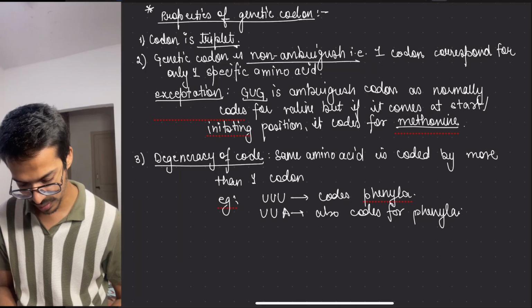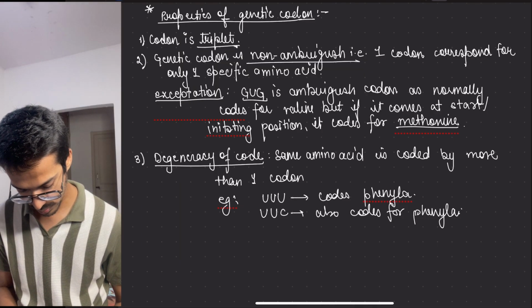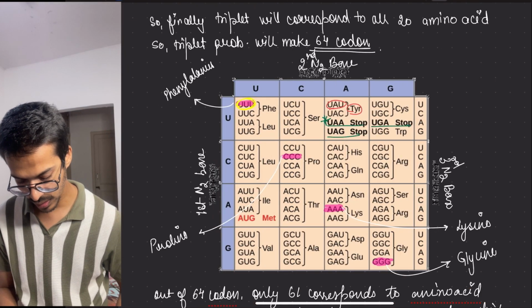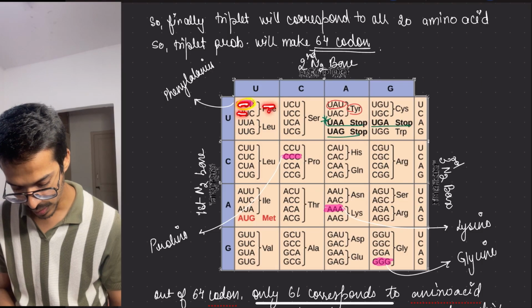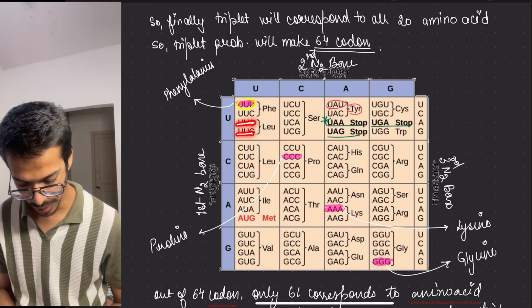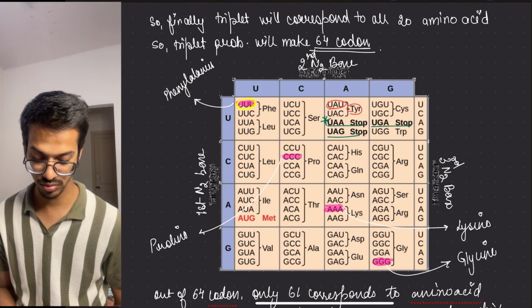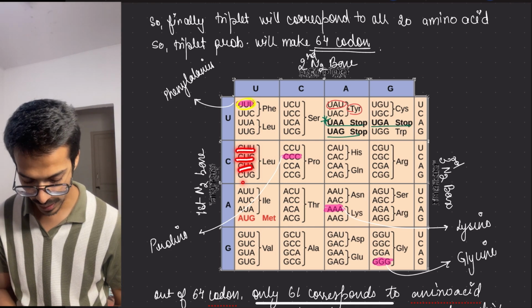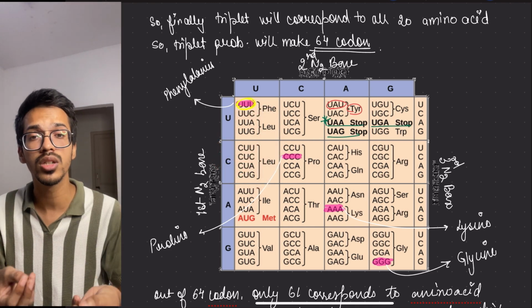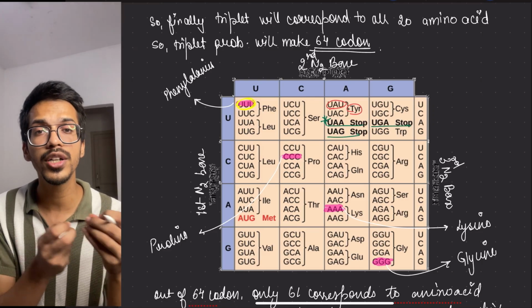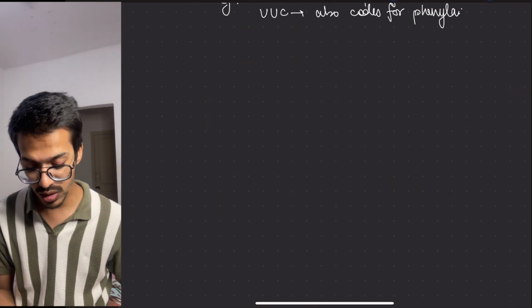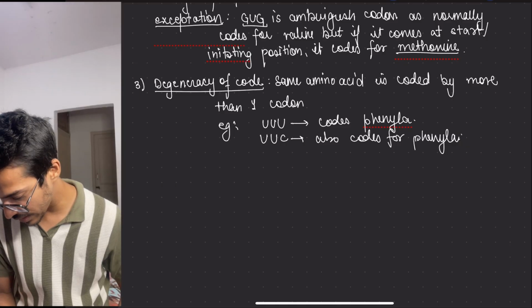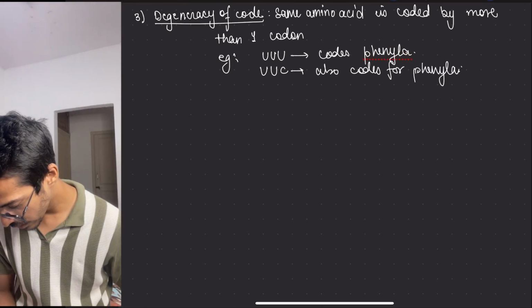If you see over here, this is phenylalanine and this is also phenylalanine. UUA and UUG code for leucine, and this C one is also for leucine. So many of the codons code for similar types of amino acids. It is not unique, so it is degeneracy.